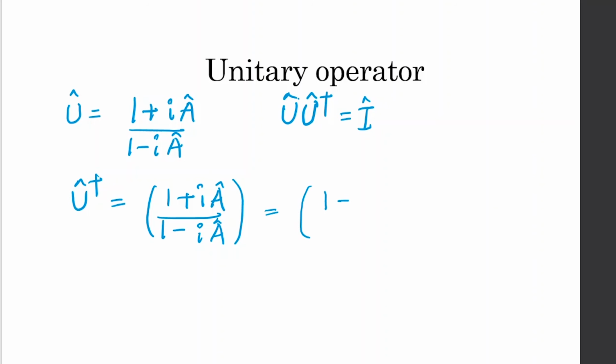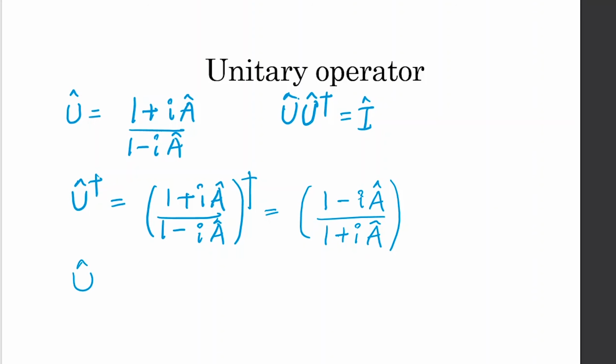The sign with iota gets reversed, and similarly in the denominator, so we get the adjoint as this.